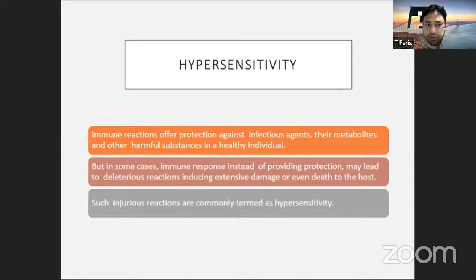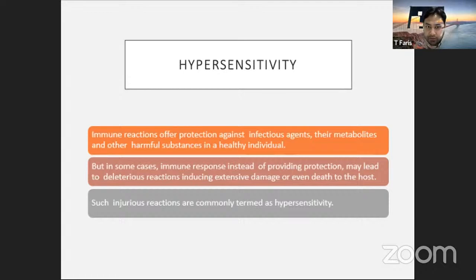Hypersensitivity is a kind of immune reaction that offers protection against infectious agents, metabolites and other harmful substances in healthy individuals. In other words, it's a protection mechanism to avoid yourself from dying. Your body has a protection barrier or mechanism to stop these foreign bodies or antigens from invading your immune system.